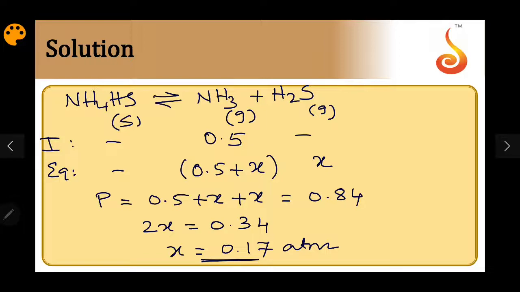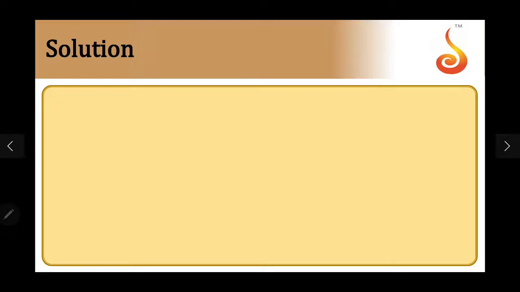So we have to find Kp. We know the pressures of the individual gases. So what is Kp? Kp is equal to the partial pressure of NH3 into the partial pressure of H2S.